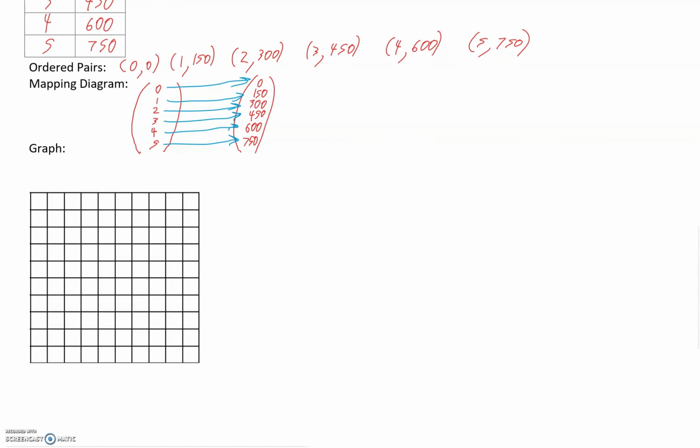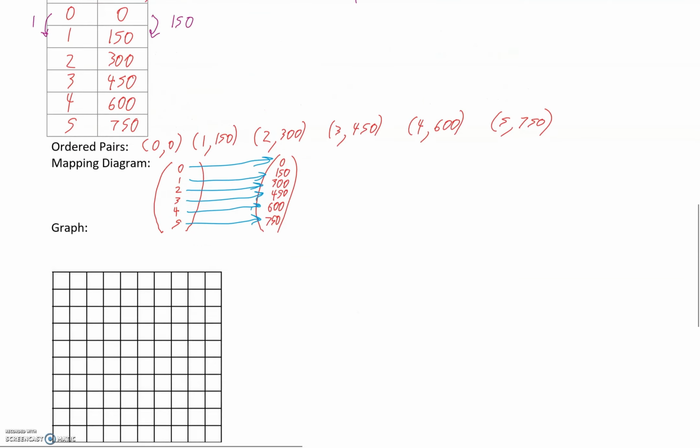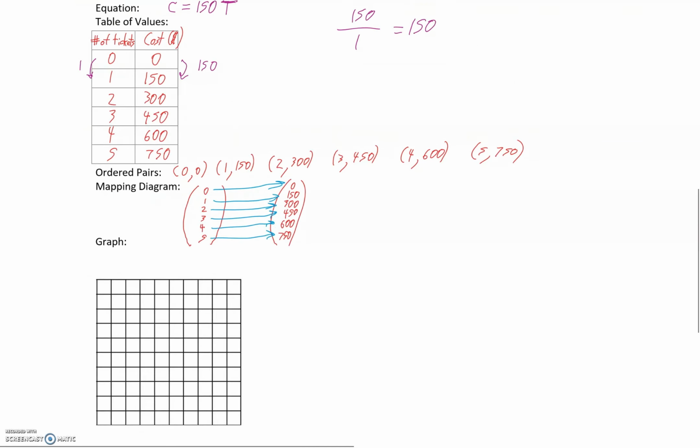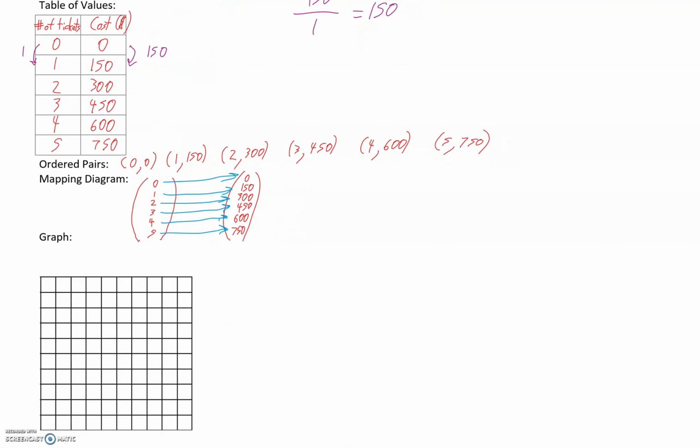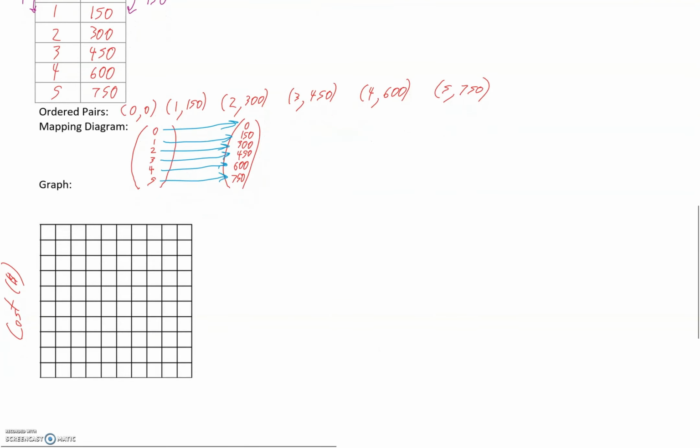Okay, and then we're going to graph it. So again, best to look at your table of values to help you graph that. So we've got the cost, which is going to be in dollars. We have that going all the way up to 750. So I'm going to go all the way to 1,000 because it's just going to make it work out a little bit nicer.